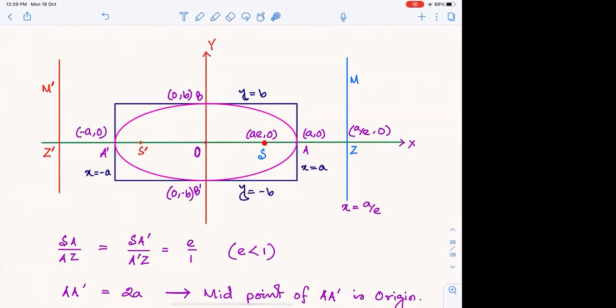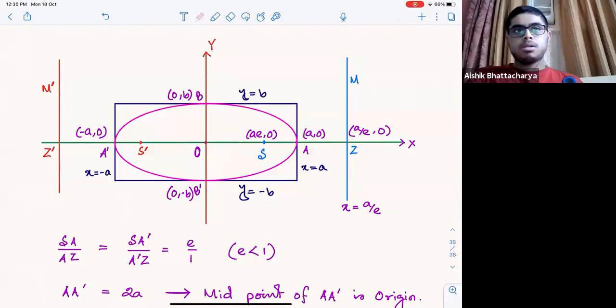So we have got two sets of focus and directrix. One set is focus S and directrix ZM. The other set is focus S dash and directrix Z dash M dash. And we can identify their coordinates also as their reflection about the y-axis.